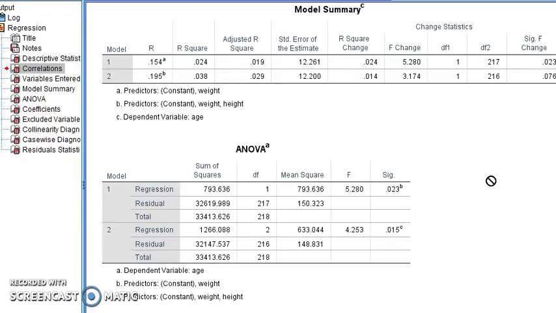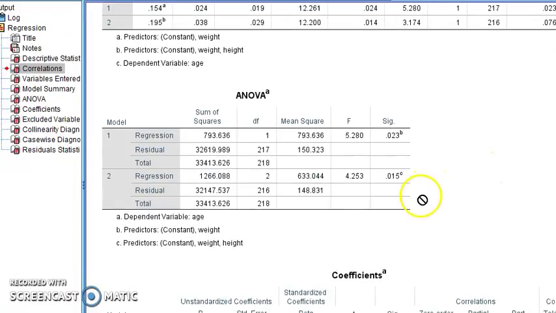This tells us that this model is not predicting age based on weight and height very well. We also see off to the far right our significance, and comparing it to our p-value, they're both greater than 0.001, which again tells us that this linear regression that we've put together is really not going to be a good predictor of age from height and weight.